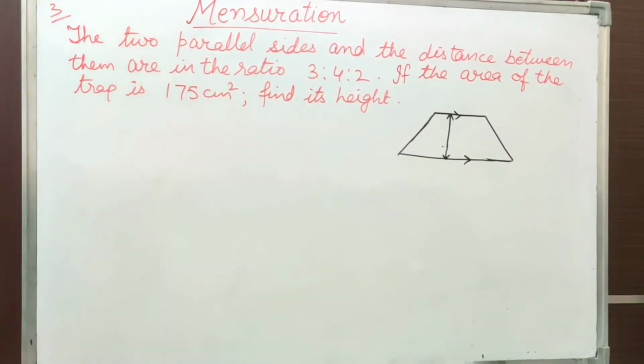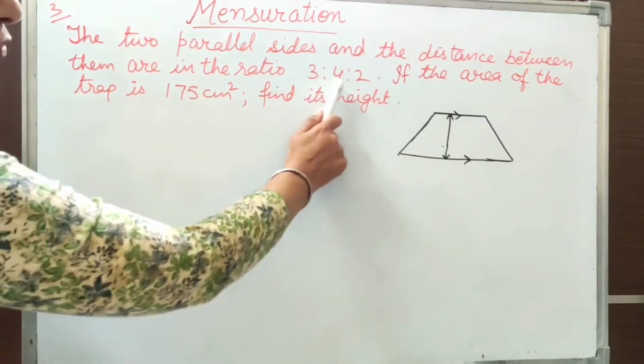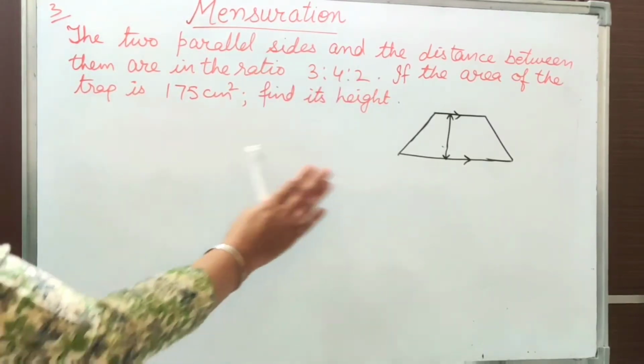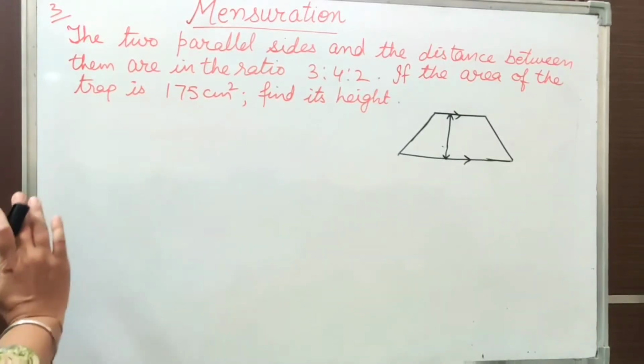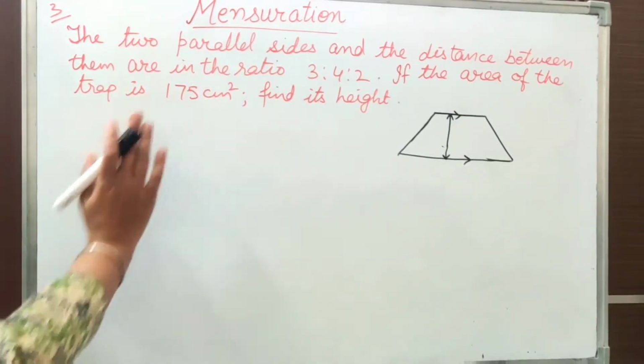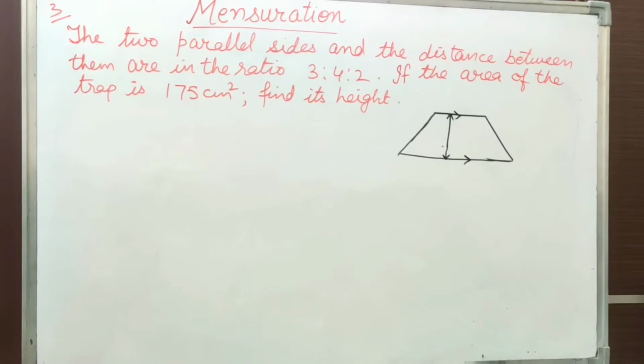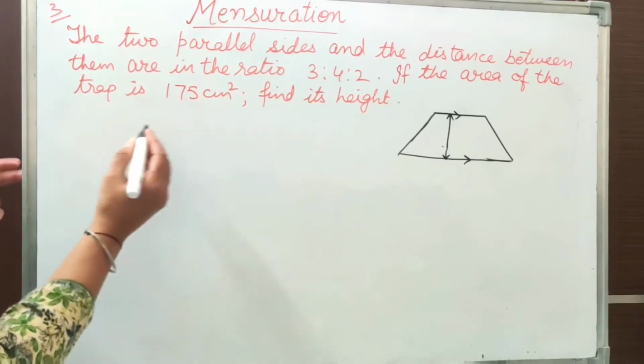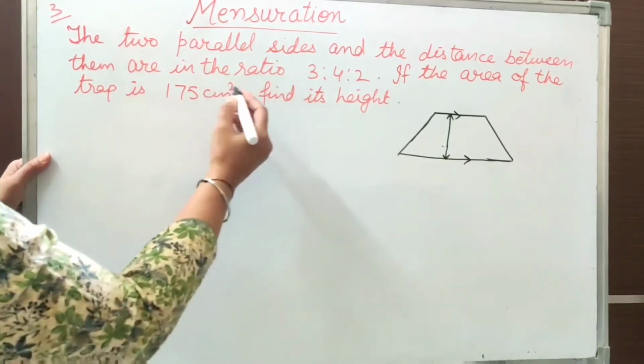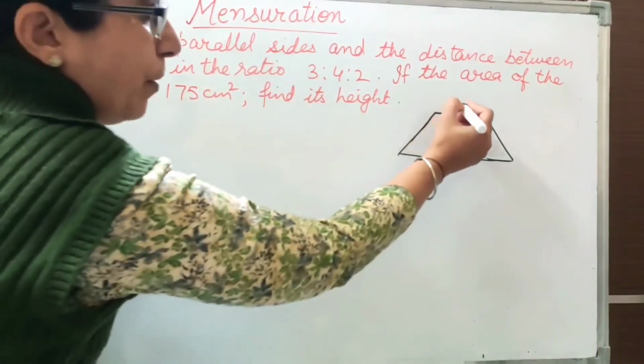Here I have taken one more question. The two parallel sides and the distance between them are in the ratio 3:4:2. If the area of the trapezium is 175 centimeter square, find its height. So student, here the ratio is given, the ratio of the parallel sides and the height.